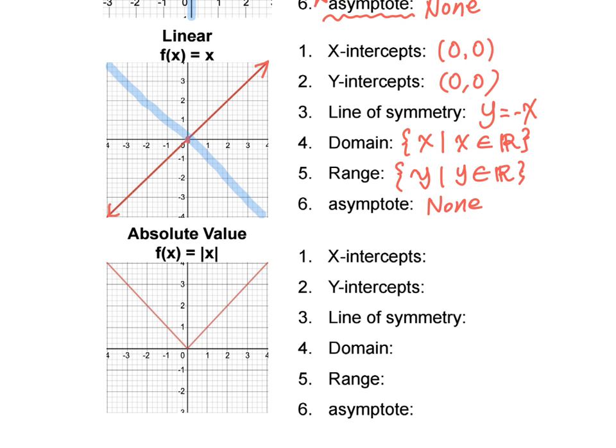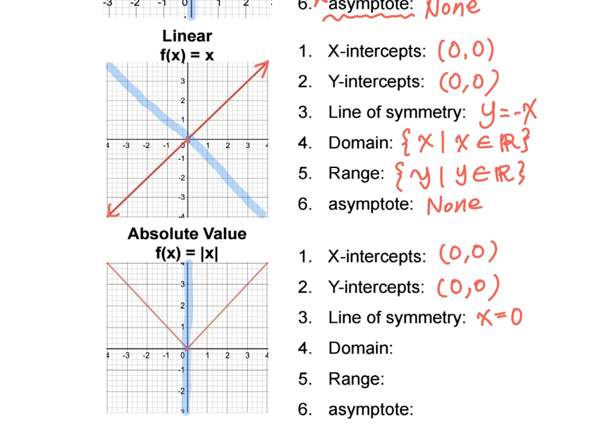Next, absolute value function. The x-intercept is right here, same as the linear function. The origin. The y-intercept is the same. The line of symmetry is x equals 0 because it is similar to the constant function, right?